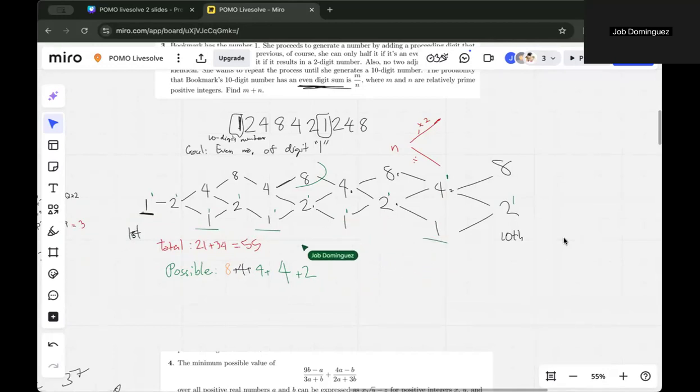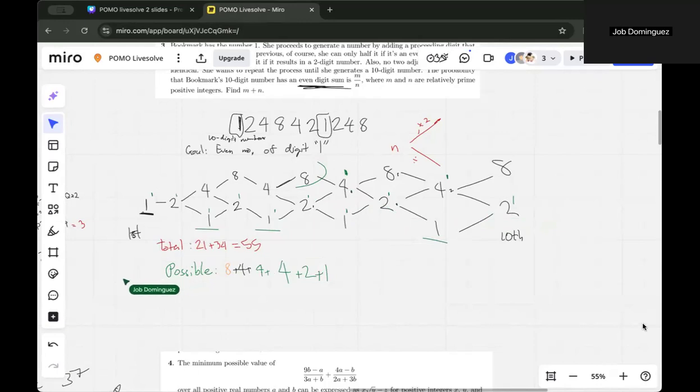We go one, one, one, one. We go up here, we go up here now, goes up down here. So that's only one way, right? We go like this, but there's only one way. So I'm pretty sure there's one way there.